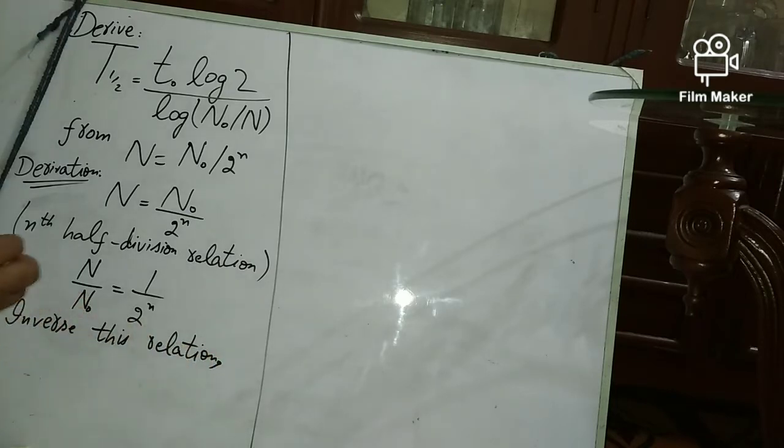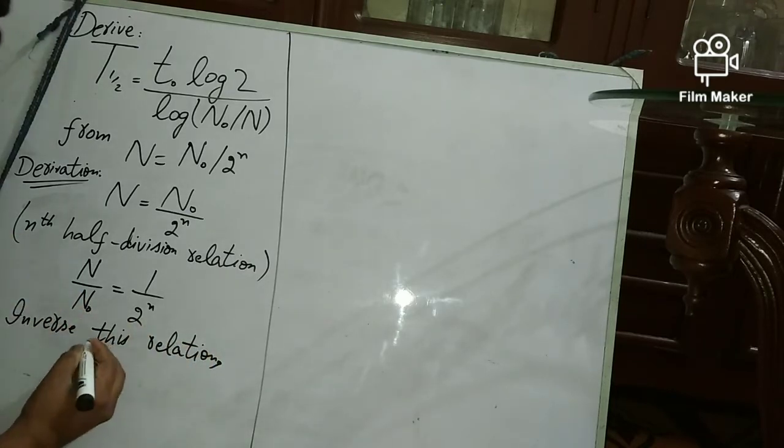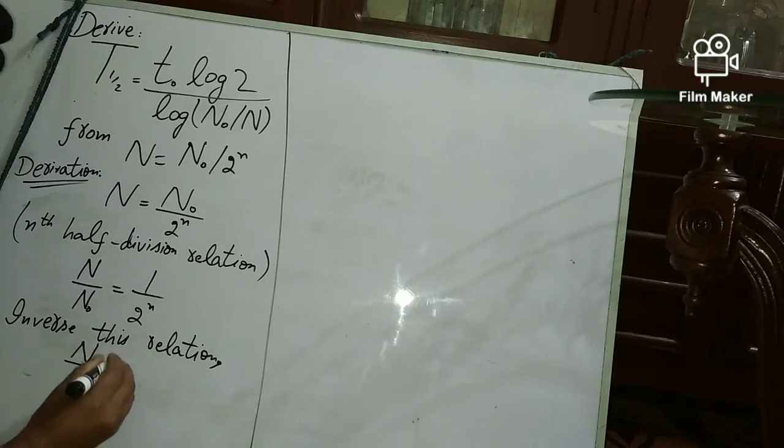After inversing this relation, we write N naught over N is equal to 2 raised to the power n.